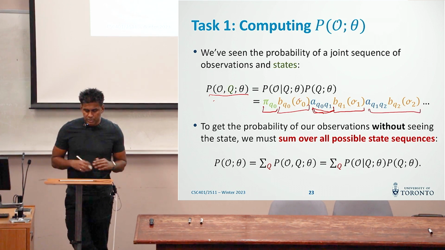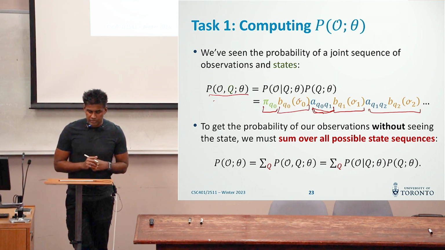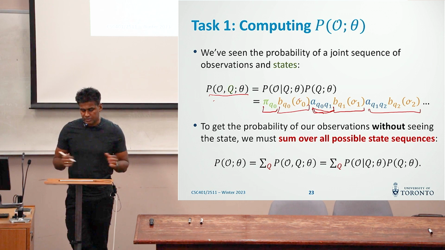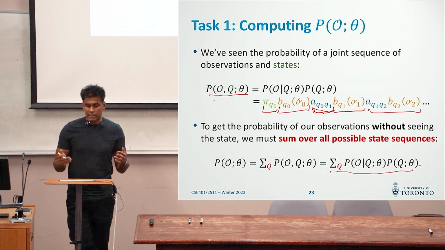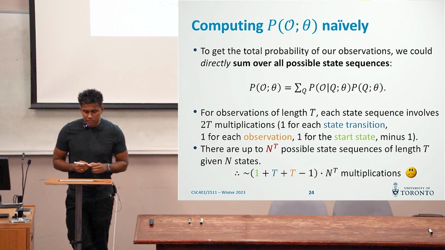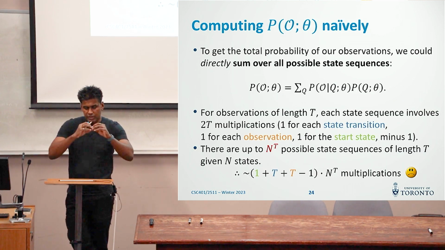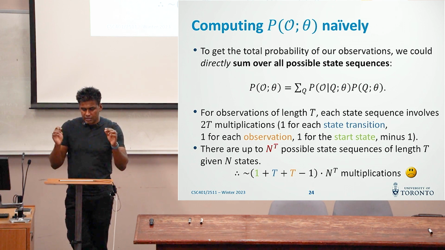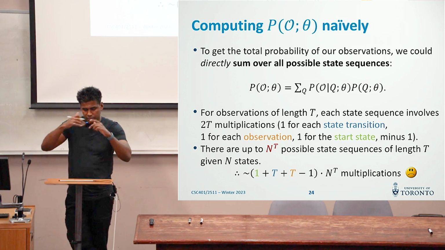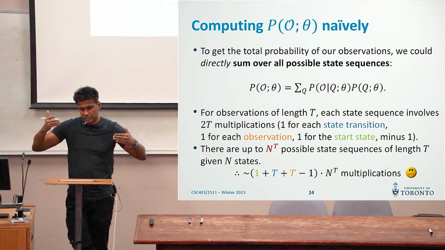If we want the probability of our observations without seeing the states, we have to sum over all possible state sequences. As you can imagine, that leads to an infeasible computation. If you consider an observation sequence of length T, each state sequence involves 2T multiplications, coming from the state transitions, observations and start state.